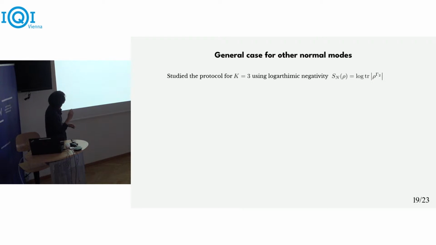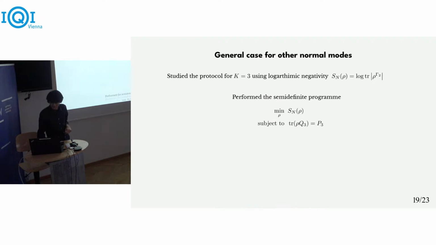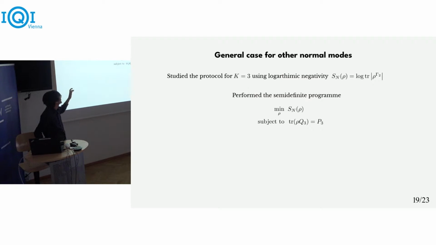So for the numerical results, we studied the protocol for k equals 3 using the log negativity. And we studied this by performing this SDP program, where we minimize the log negativity subject to the score being a certain amount.